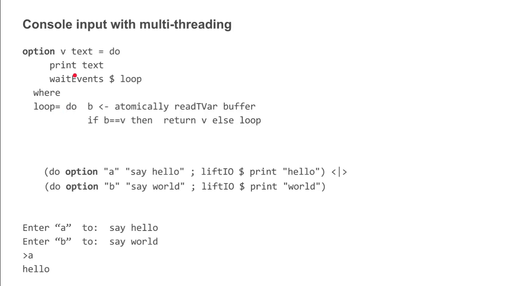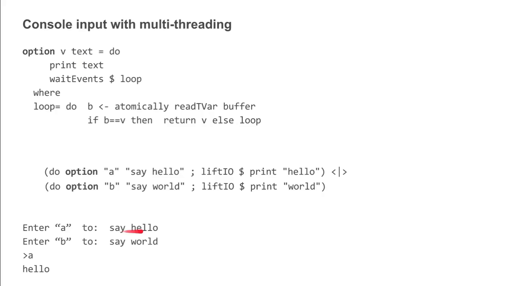Because it's wait events, we can compose in nice ways using the alternative operator, for example. So this piece of code is possible. When we execute it, we see the prompt; what it prints is more than the text.